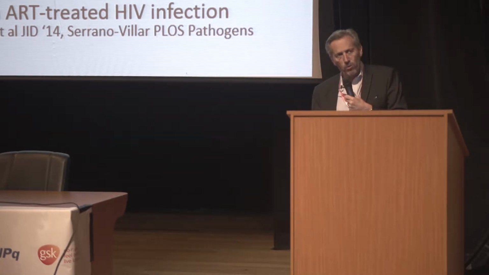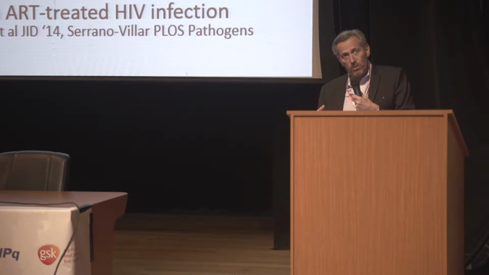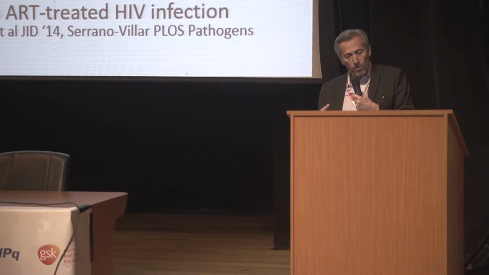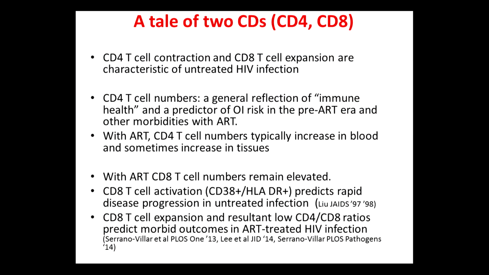The CD8 story is very different. There's a big dynamic in CD4 T cells, at least in blood, with antiviral therapy, but CD8 T cells are typically elevated in HIV infection. The numbers of CD8s expand, but with antiviral therapy, CD8 T cell numbers go down just a little bit, but they classically remain elevated.